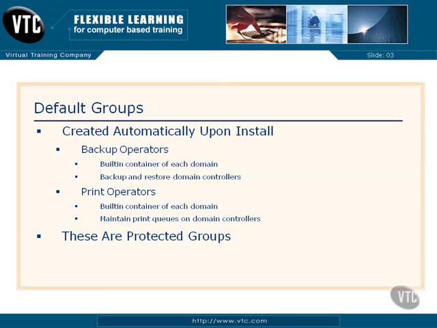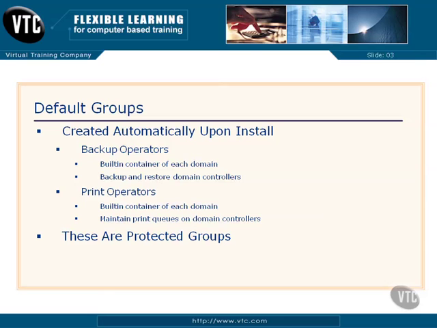To the point that, for example, if I add Frank Jones into, say, the Backup Operators group, then my help desk folks can't reset his password because they won't have adequate permissions. You have to have a lot more permissions. So be careful about adding users into these.